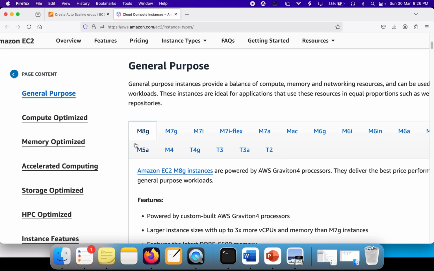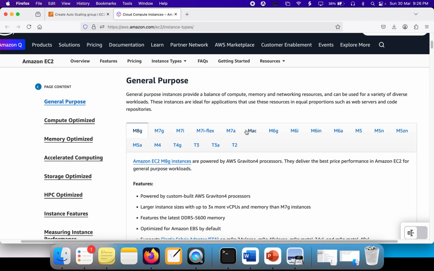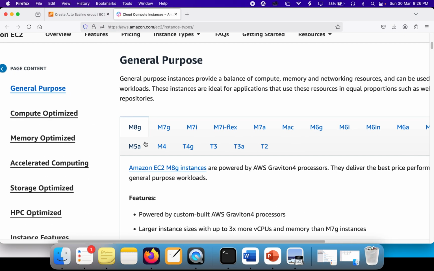So general purpose instances have a range of types that start with M, like M7, and then T, so the M series and T series. If the interviewer asks you what the general purpose instance names start with, you can say M and then T2.